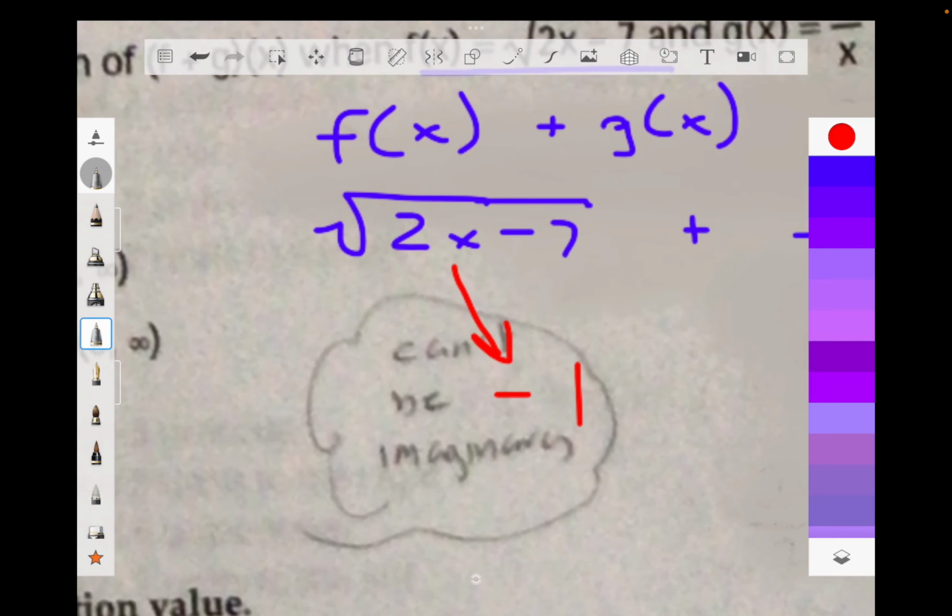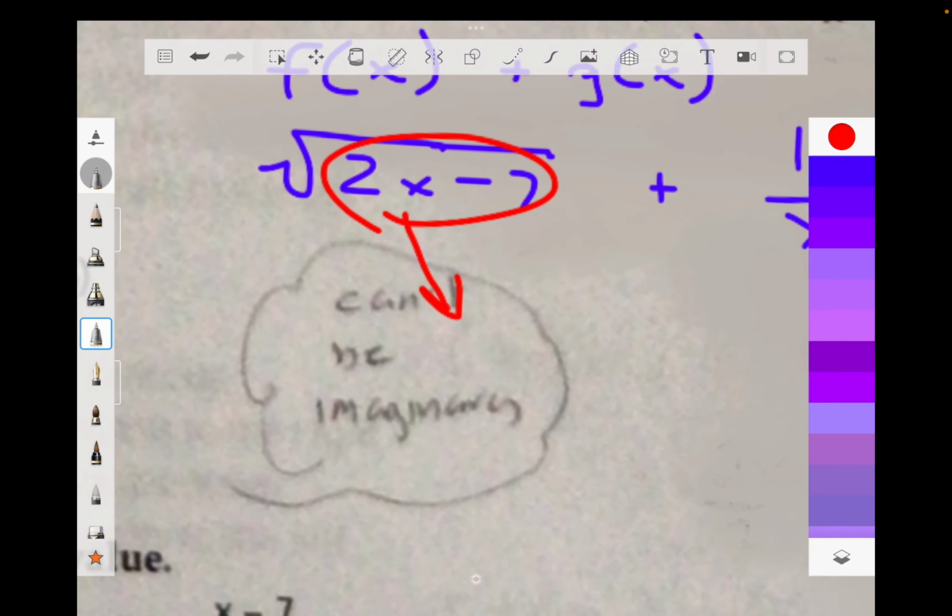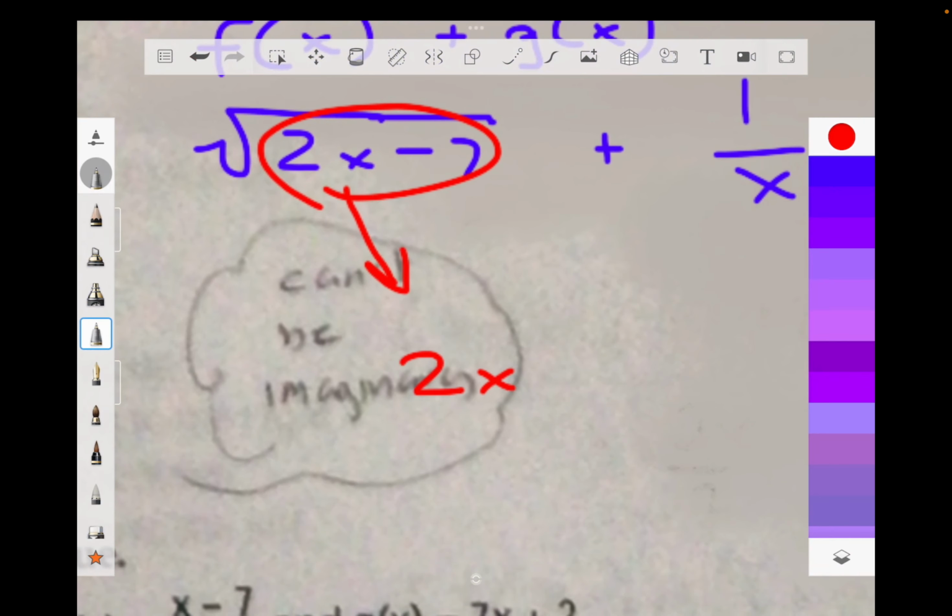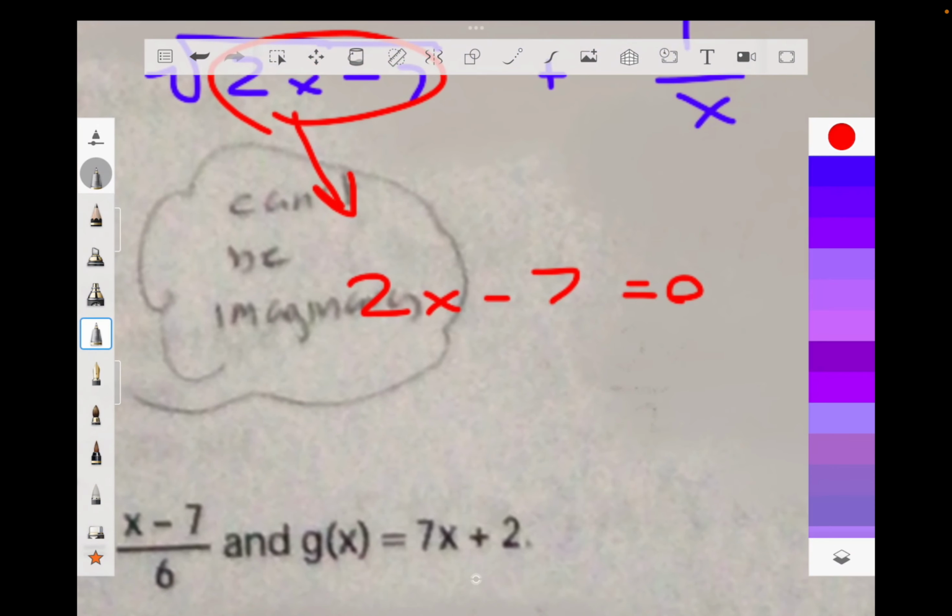It can't be a negative number. If we take this part out, the lowest number it could be is 0, so let's set it equal to 0. If you solve for x, you get 7/2.